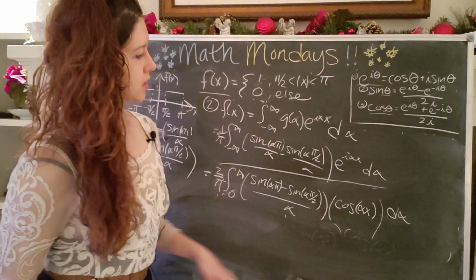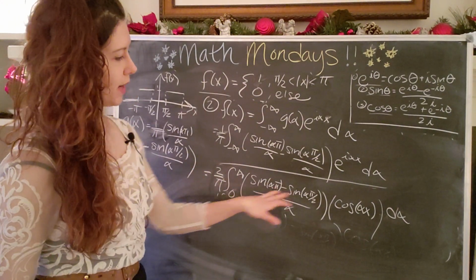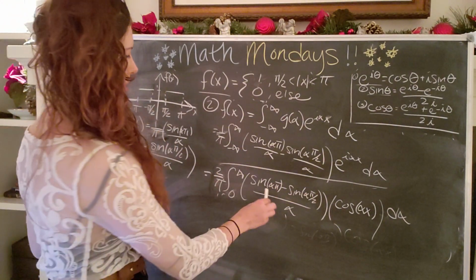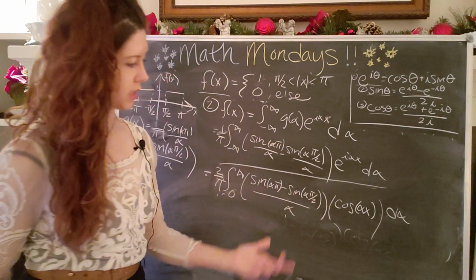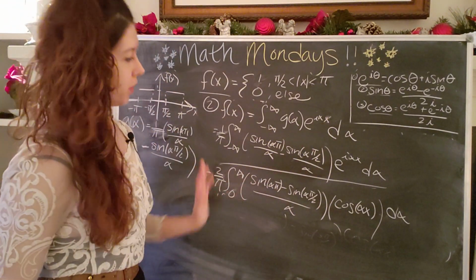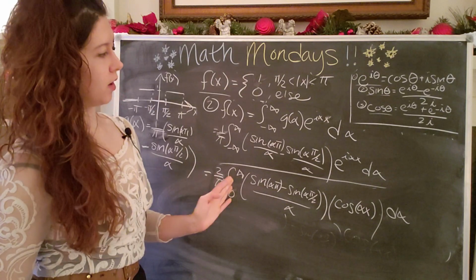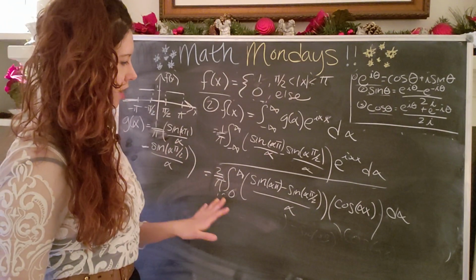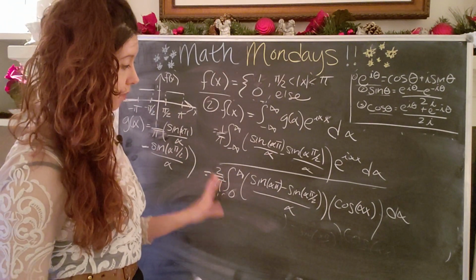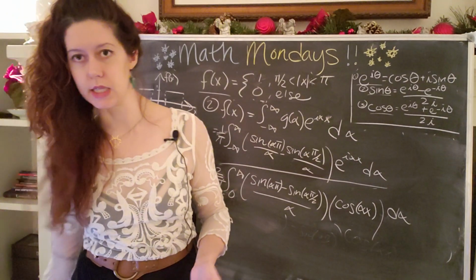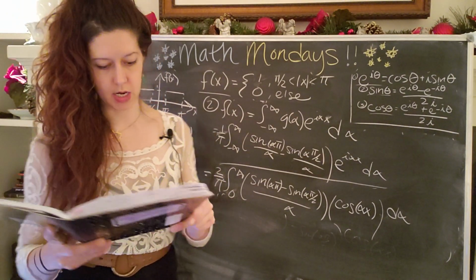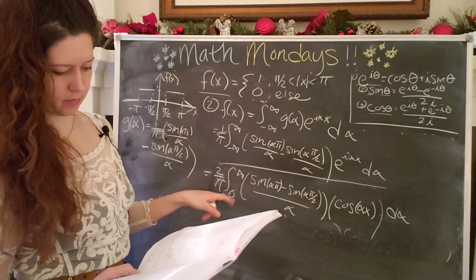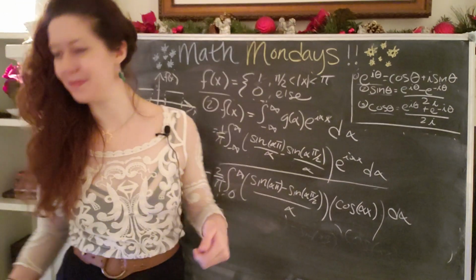So now you have something that's a little bit simpler. To actually evaluate this integral, you would just multiply these two terms by cosine. What's nice is that you have one less term to deal with, and that can be a lot easier. Cool. Yeah, so I'm going to double check that I did that right, that I'm not leading you astray. Let's say 2 over pi. Yep, cool. We are all good.